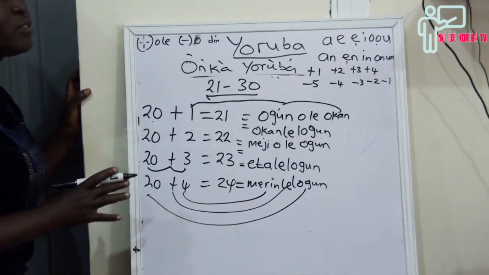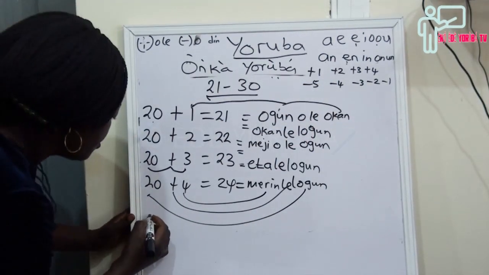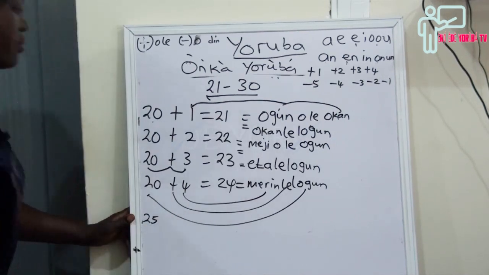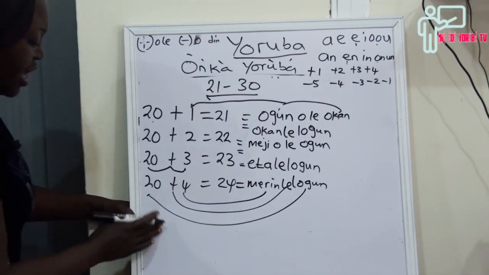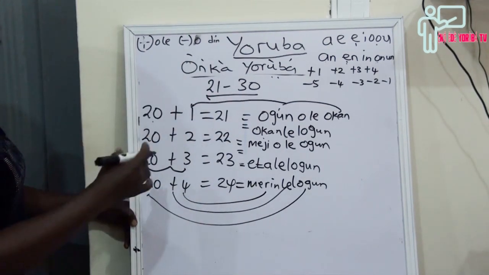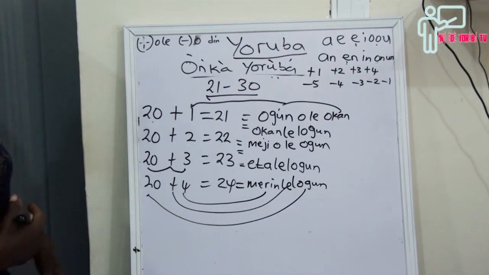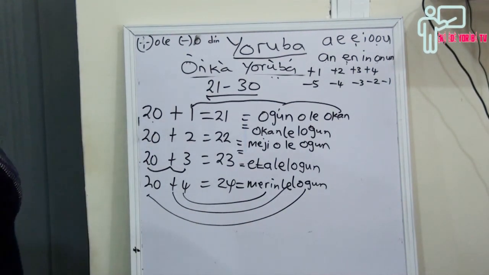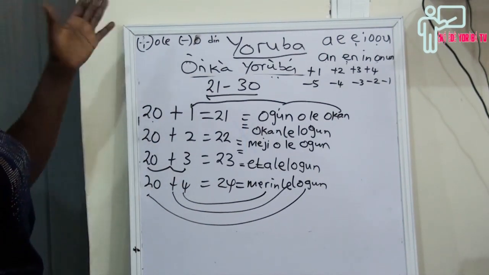So we are going for minus now, starting from 25. We want to be removing it now. 25 will now be what? We'll be removing. So we are going next for 30 now. The next whole number will now be 30.